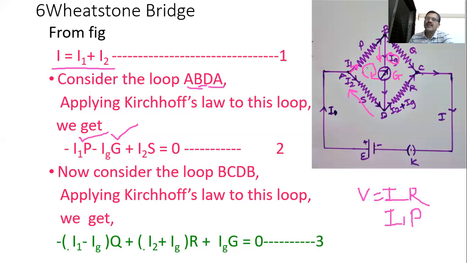These two directions are opposite, and therefore the potential difference across this resistance must be positive. Now, what will be the potential difference across this S?